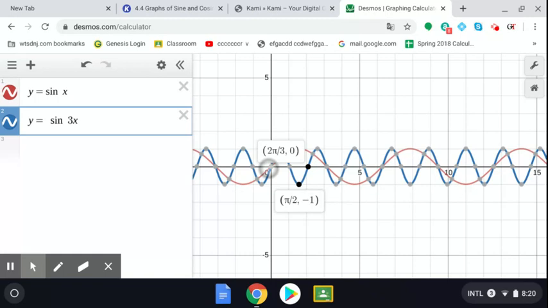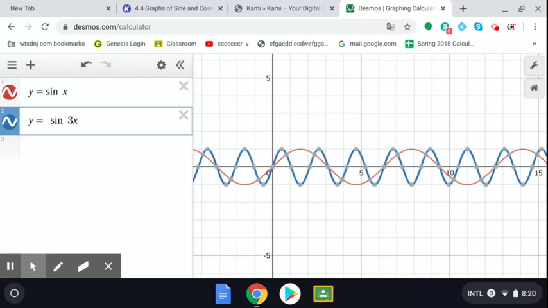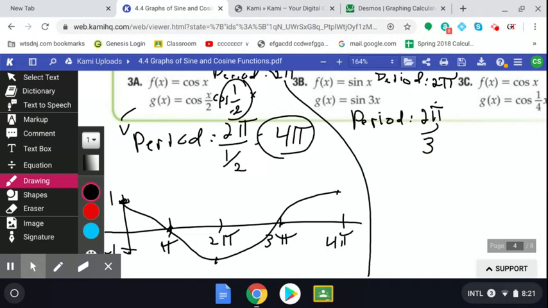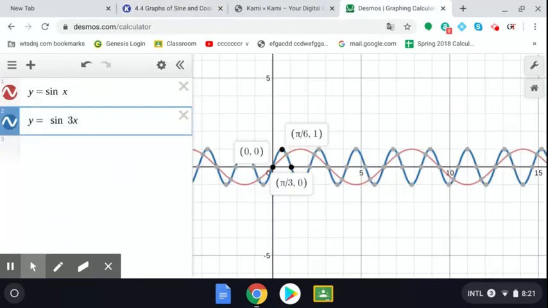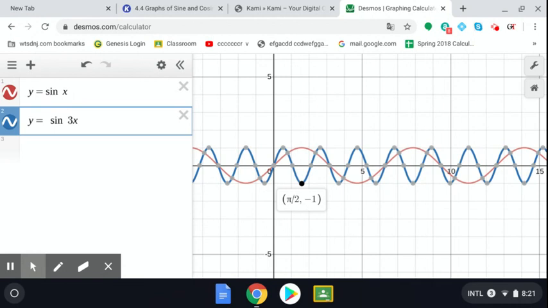Okay, so my points, once again, would be 0, 0, pi over 6, 2 pi over 6, which should be pi over 3, pi over 2, and 2 pi over 3.